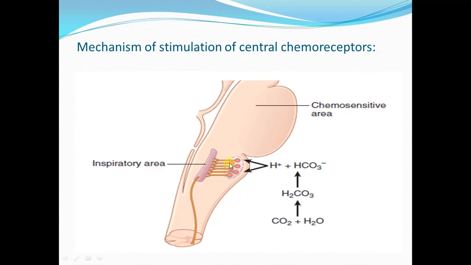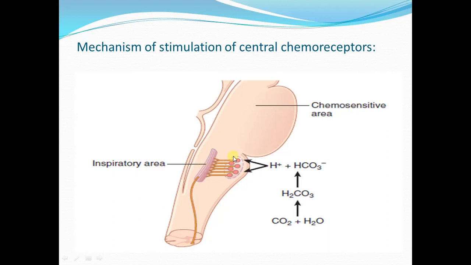When the neurons in the central chemoreceptors are excited, they will send signals to the inspiratory area of the respiratory center, and we know from our previous discussion that this inspiratory area is the dorsal respiratory group of neurons.